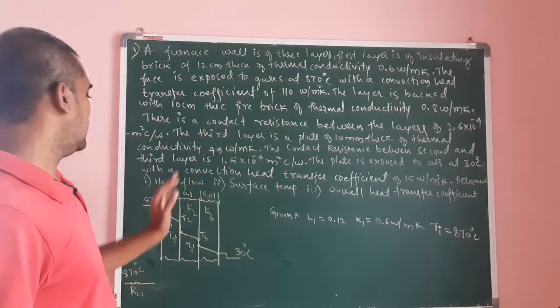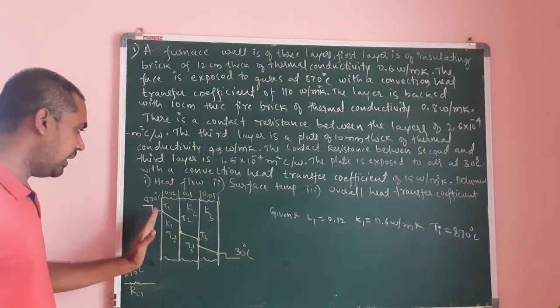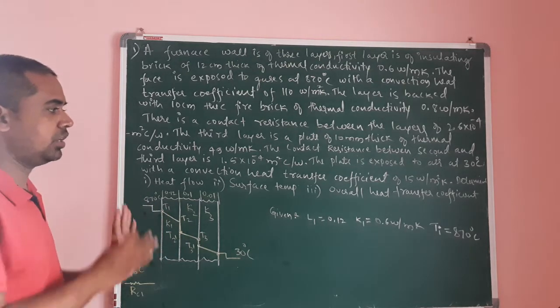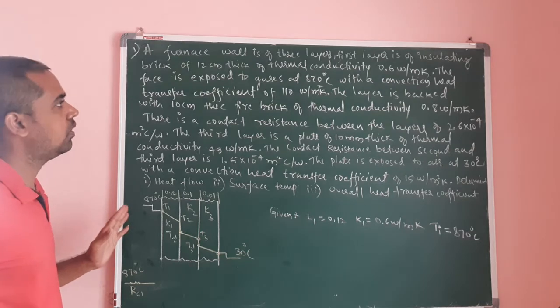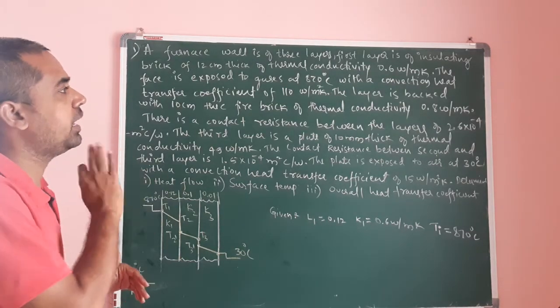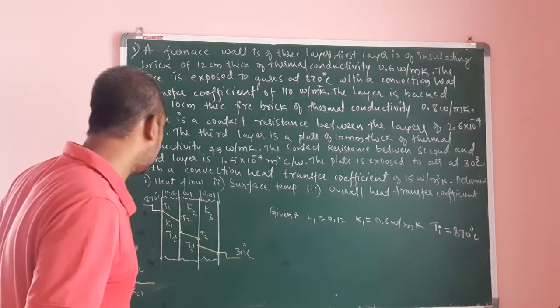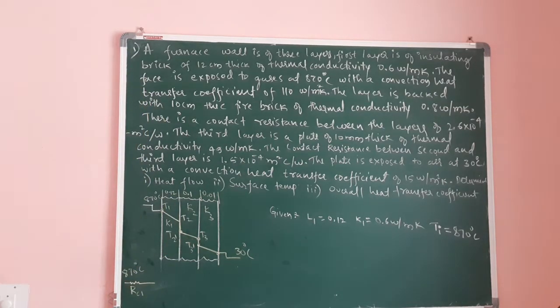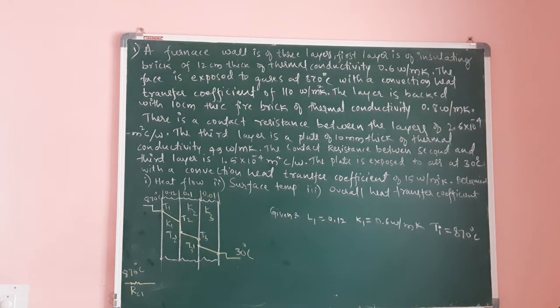The heat transfer, as there is a fluid, further it is a solid. The heat transfer takes place by convection from this fluid to the solid. Okay. And whenever there is convection heat transfer, there will be heat transfer coefficient. This convection heat transfer coefficient, they have given it as 110 watt per meter square Kelvin.